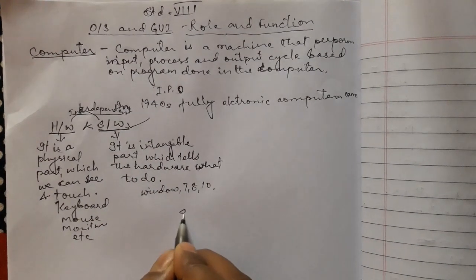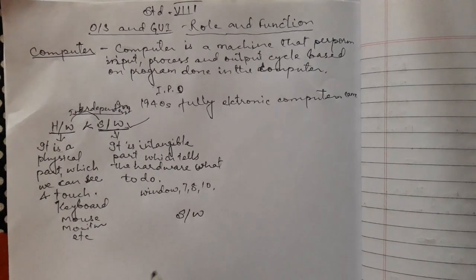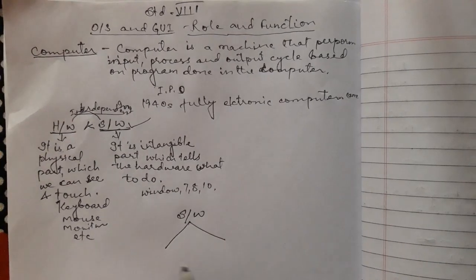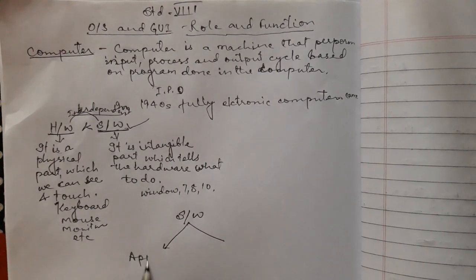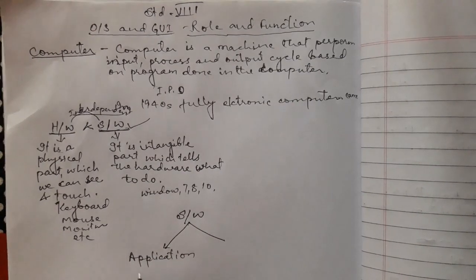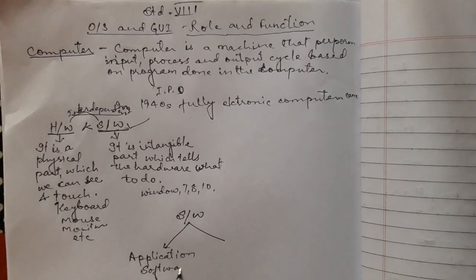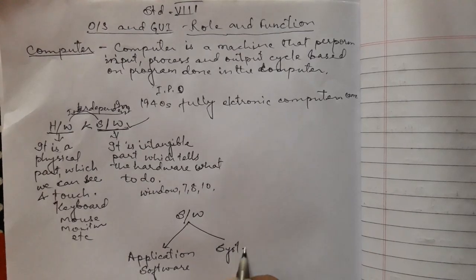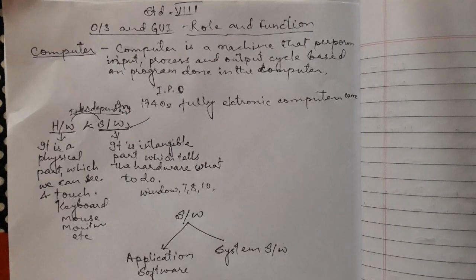So software is mainly divided into two types, and they are application software and system software. SW, that is software.